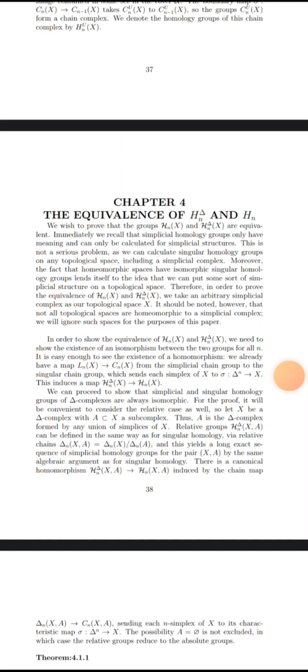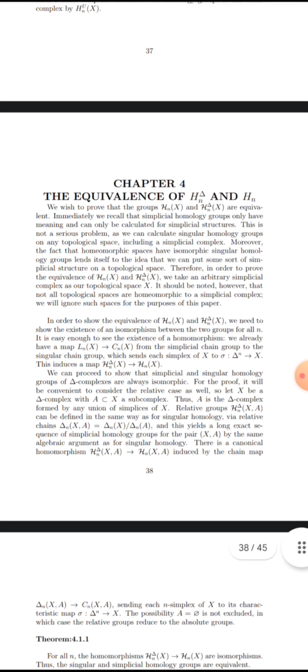In order to show the equivalence of hn of delta of x and hn of x, we need to show the existence of an isomorphism between the two groups for all n. It is enough to see the existence of a homomorphism. We already know the mapping ln of x to cn of x from the simplicial chain group to the singular chain group.